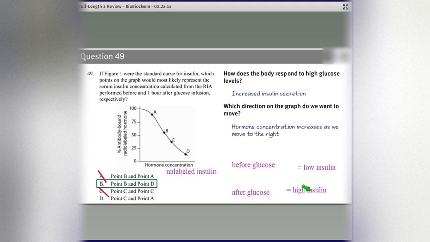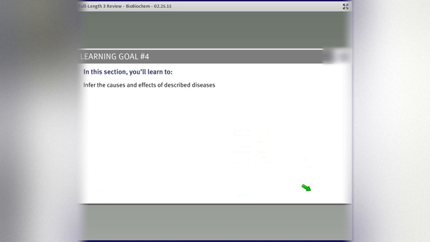Okay, so let's do our last learning goal, and you can take a screenshot of this page if you want. We're going to do a nice question that is going to go with this main idea, and you can do number 50 on your own.